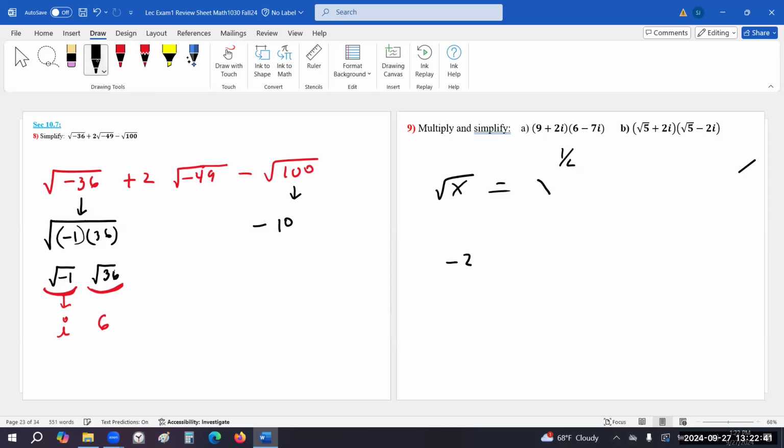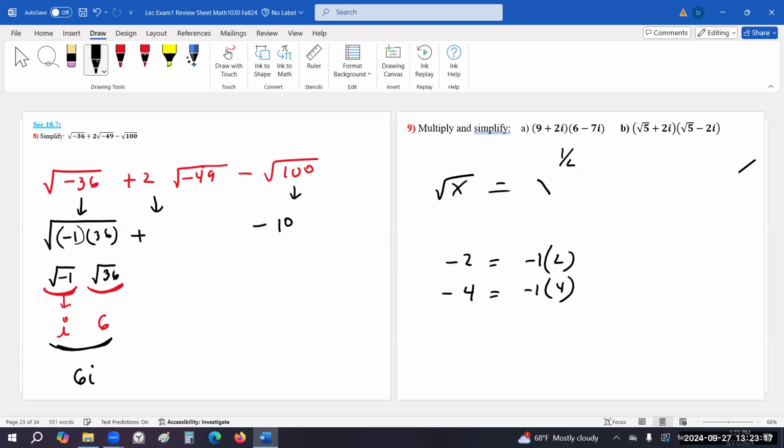For example, -2 is -1 times 2. -4 is -1 times 4. So we have -36, it means -1 times positive 36. And we know what is square root of positive 36, it's just the number 6. And we also know what is square root of -1, it's the imaginary number i. So combining them, we get 6i. In other words, square root of -36 is simply 6i. It's 6, but imaginary. This is what it means.